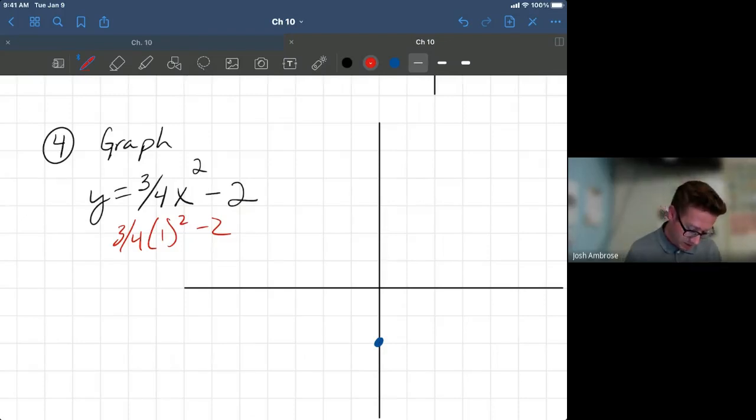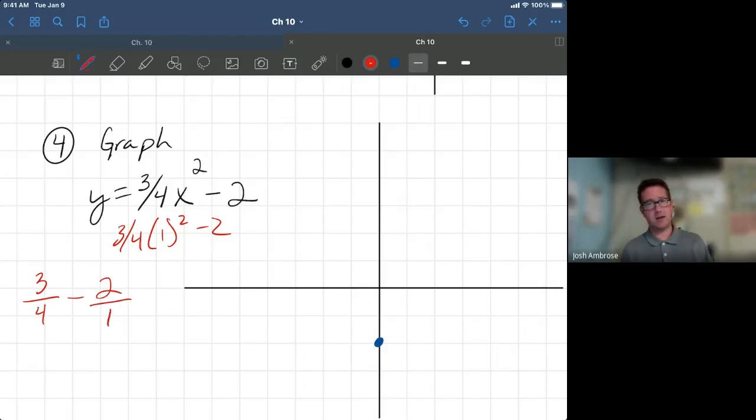So yes, I know you're dealing with a fraction. 3/4 minus 2. But we need a common denominator. Okay, so 2/1, that's not a common denominator. What do I have to do? I have to multiply both sides by 4. So that means I'm really dealing with 8/4.